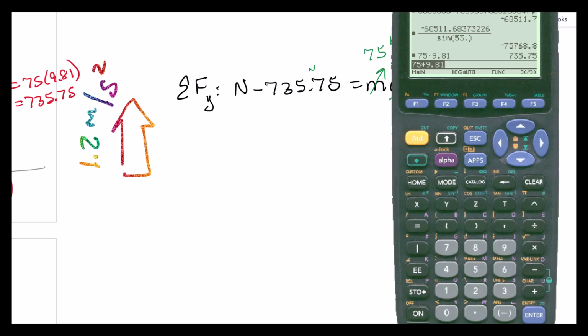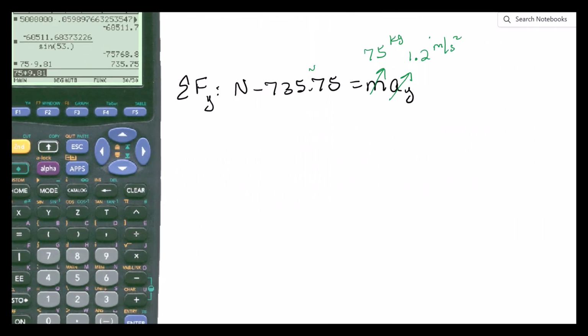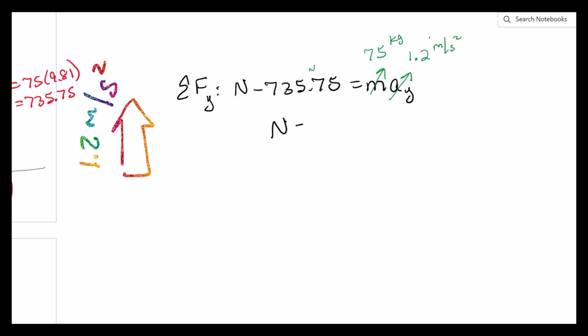So I've got 75 times 1.2, and then I'll have to add that thingy. Oh, and that's it. So normal equals 825.75 newtons. See, that's why I don't like it.